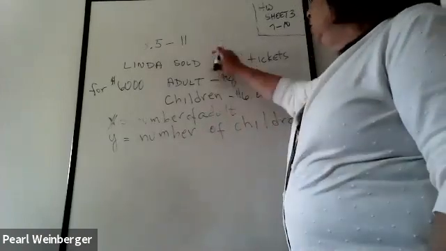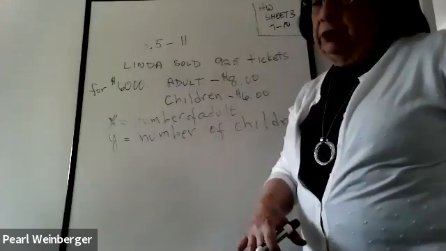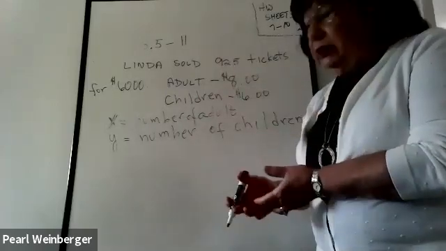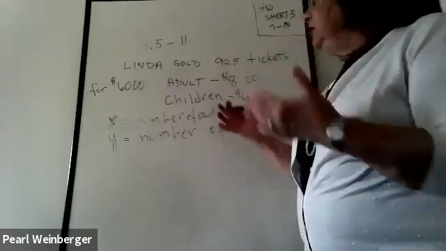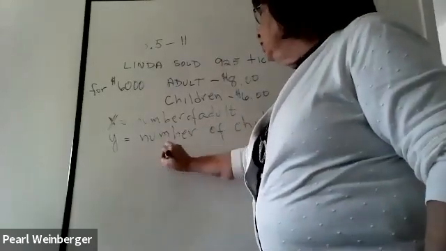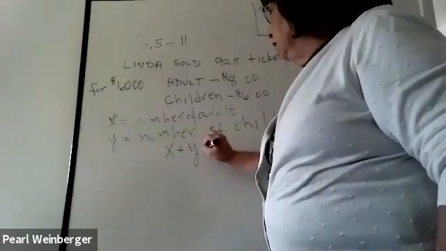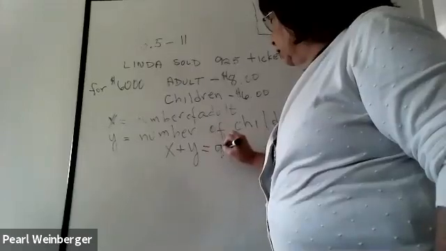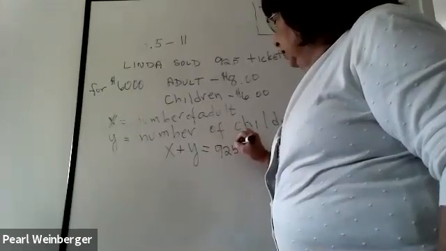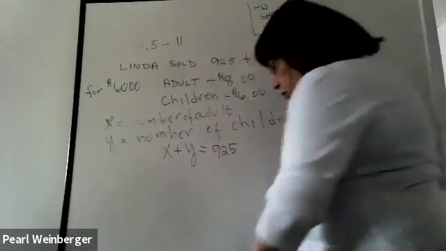Well, if she sold 925 tickets, some of them were adult tickets, some of them were children's tickets. The total she sold was 925. So my first equation becomes X plus Y equals 925. I didn't say anything about money here. It has nothing to do with how much.